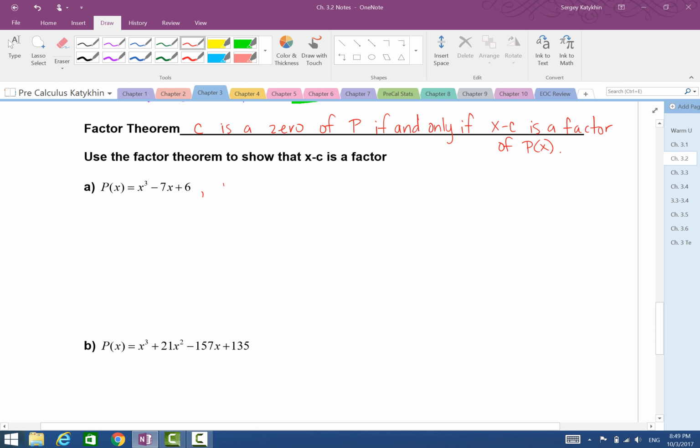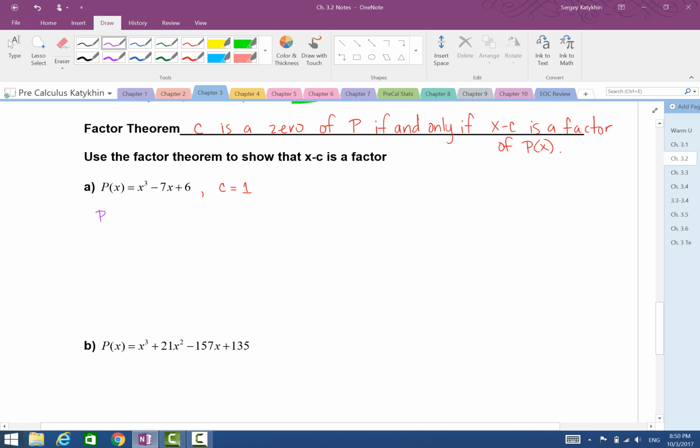Let's assume I give you c is equal to 1. Again, this is me giving you that number, and I'm asking you, okay, is c a 0 of P? And if it is, then you know it's going to be a factor of P of x. Well, let's check our solution.